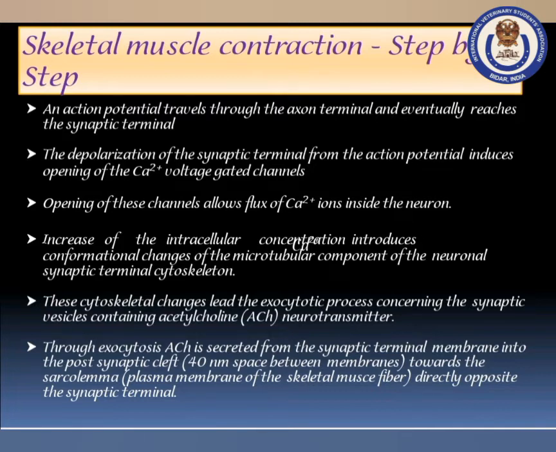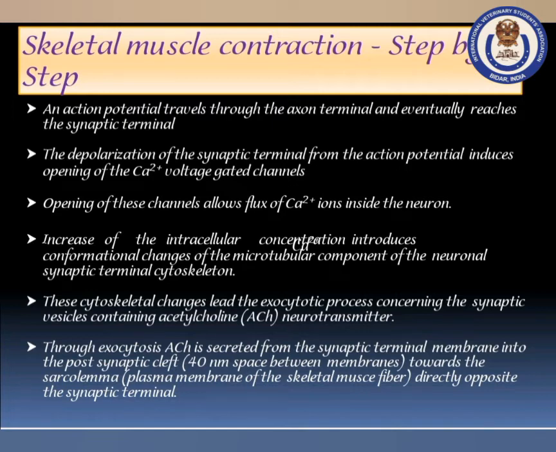The depolarization of the synaptic terminal from the action potential induces opening of the calcium voltage gated channels. Opening of these channels allows flux of calcium ions inside the neuron.